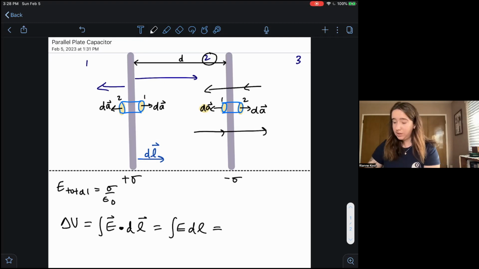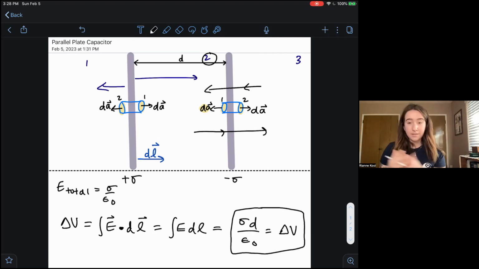So we are left with sigma d over epsilon naught. And that's it. From this plate to this plate, our potential difference is sigma d over epsilon naught.